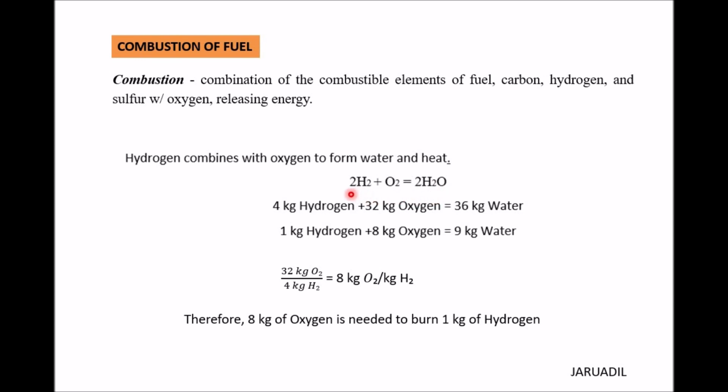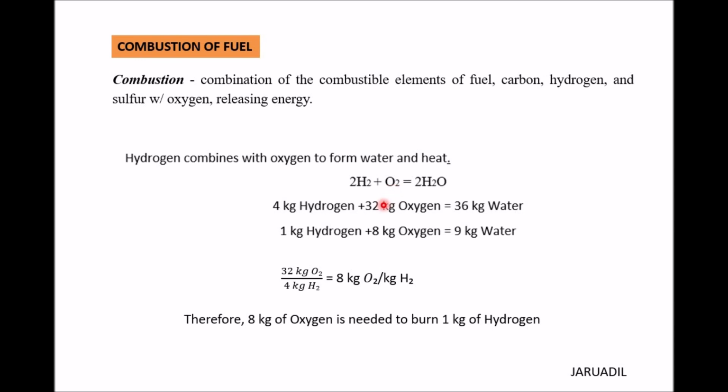So, pag binasa mo ito, this means that 4 kg of hydrogen sa mass, di ba? Kasi ang hydrogen, ang molecular mass niya is 1. So, 1 times 2 times 2 is equal to 4. So, sa oxygen naman, 32 kg siya kasi O2 siya, di ba? So, ang oxygen ay 16 ang molecular mass or molecular weight.